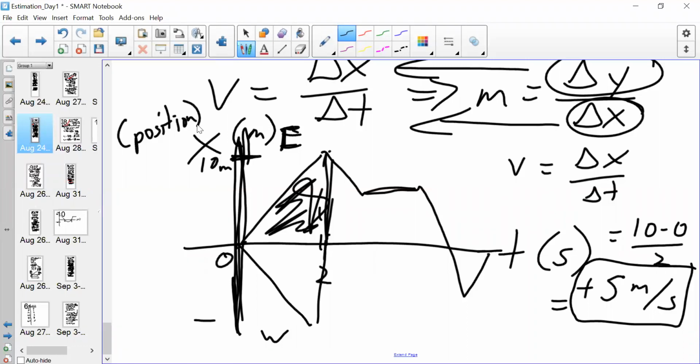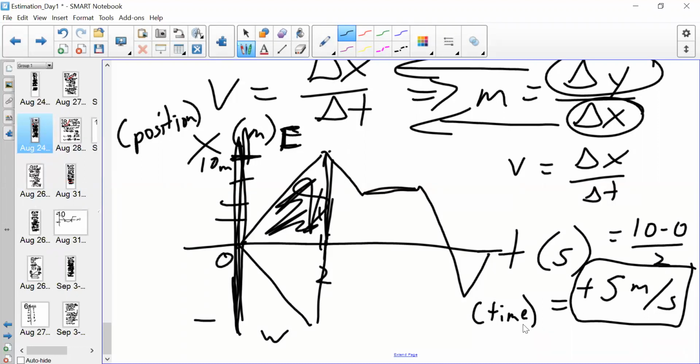We graph position versus time graphs because now we can label all the points as locations. For displacement, it'd be a little odd. We have to take all the positions, subtract, and put the result there. It's just too cumbersome. So position versus time.